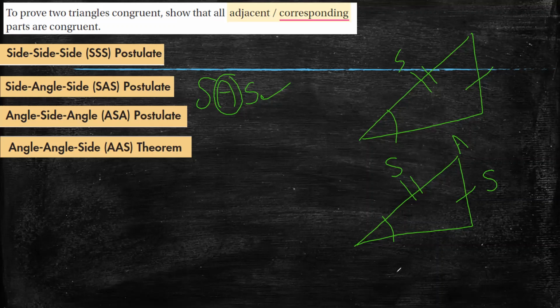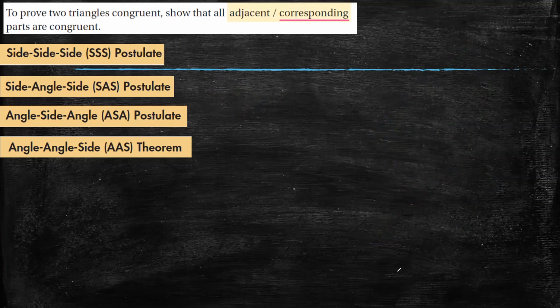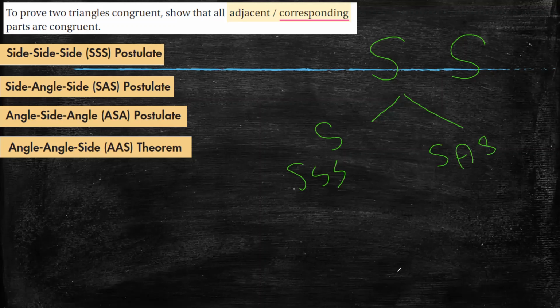That means if I'm writing a proof and I see that I have two sides that are congruent, I have to check. Maybe I need another side, so I will use SSS, or I need another angle, so I will use SAS. And be careful, the angle must be included between the two sides.